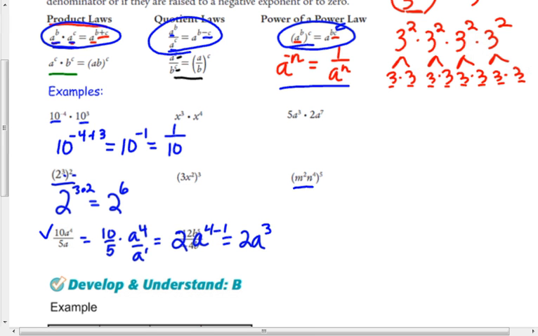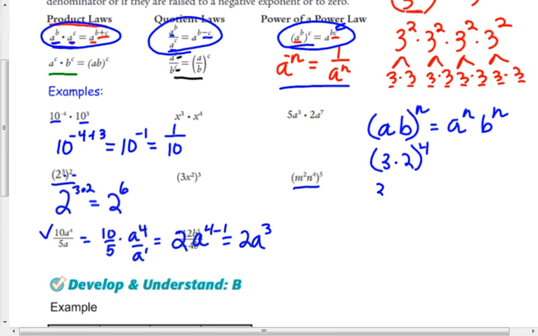I'm going to do this example here. And actually, I don't see this law up here, but there's one more rule that we can use, and that's this. If you have some product and you want to raise that to some power, you have to do everything inside that, every factor inside the parentheses for that power. And just to give you an example, let's say I had 3 times 2 to the 4th.